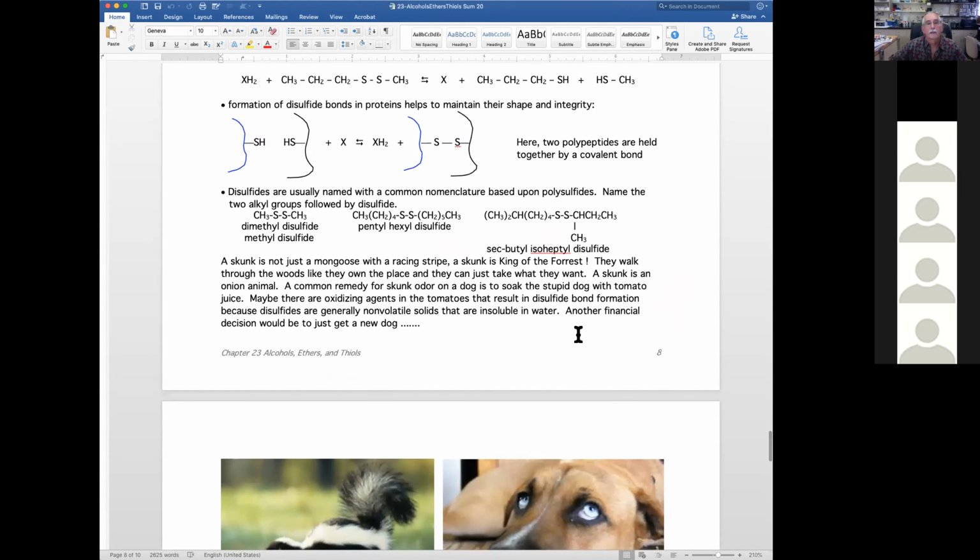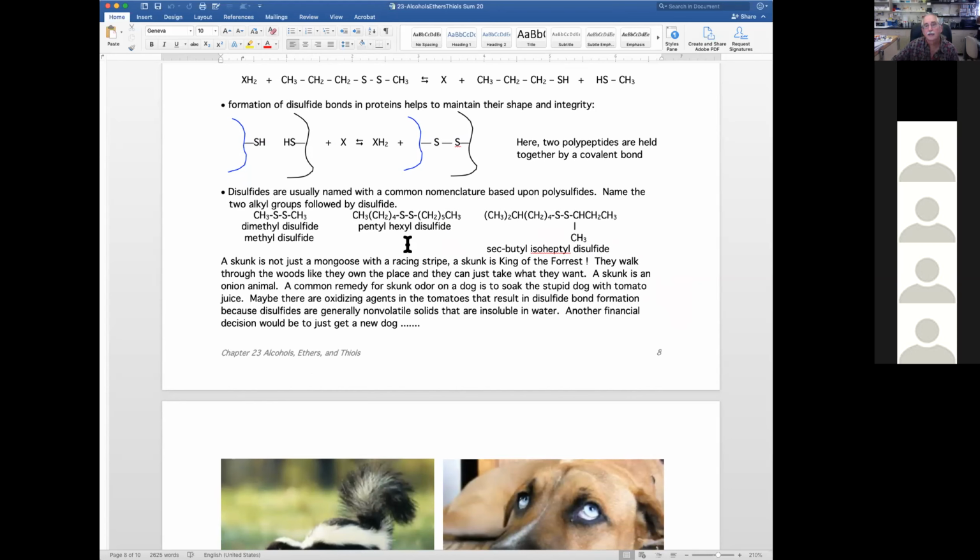Oh, here. So notice that we're naming it just like how we did the common names for ethers. Instead of having 2 sulfurs right there, if I had an oxygen right there, it would simply be called dimethyl ether. So this would be called pentyl hexyl ether.